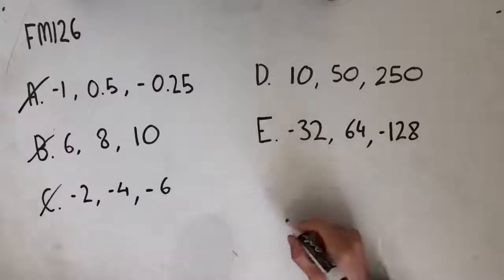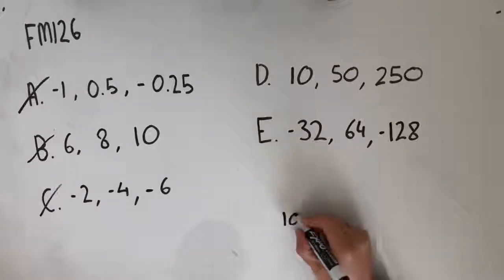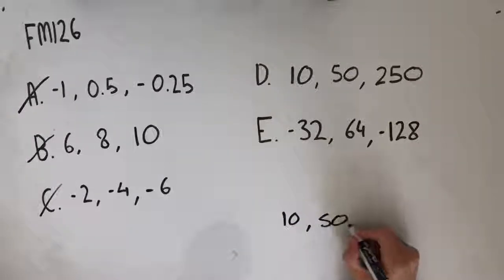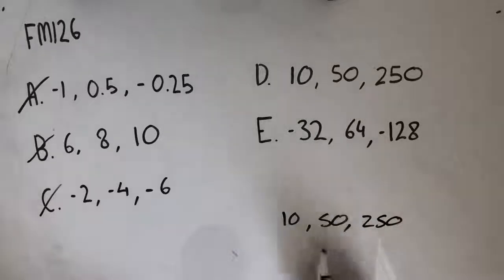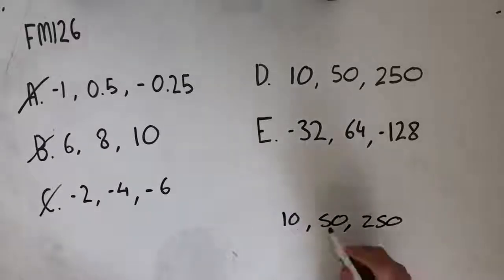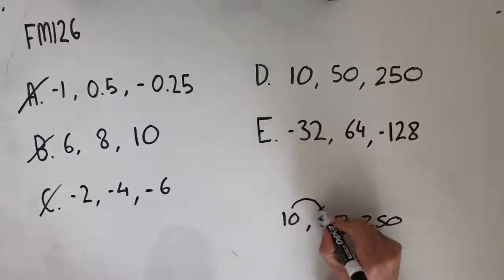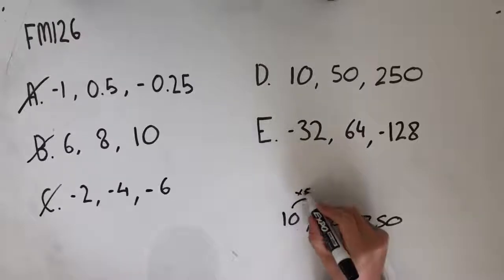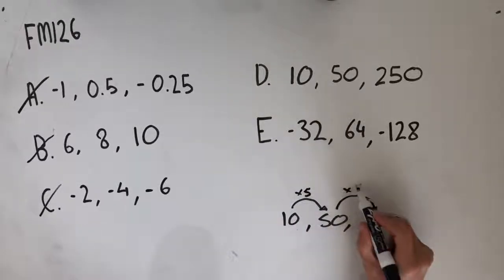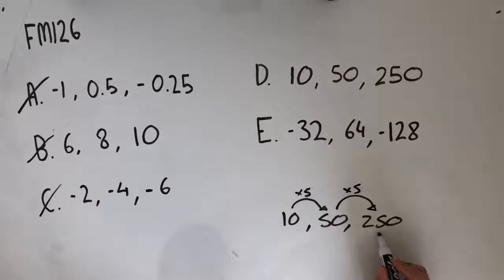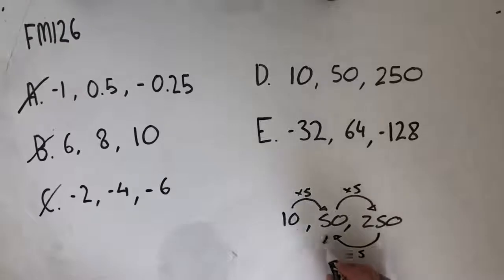D, a slightly more tricky one. 10, 50, 250. So if you were to divide 50 by 10 or 250 by 50, you will see that this is increasing by a factor of 5 each time, which means that if we were to move in the opposite direction, we'll be dividing by 5.